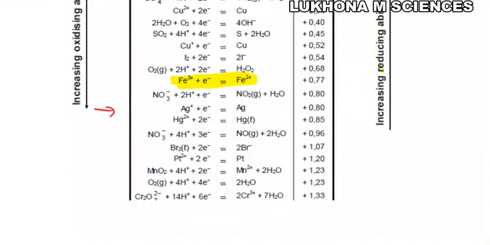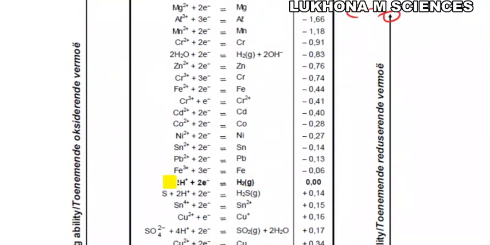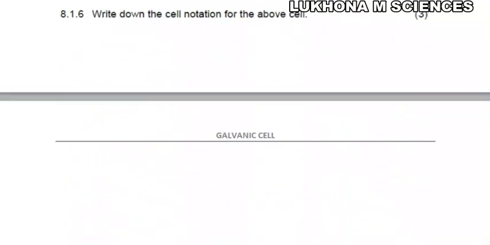Let's highlight. As you can see here, we have Fe3+. Let's highlight hydrogen. This is hydrogen gas. So if you look here, the hydrogen is above the Fe3+, which means let's just copy this to the question. So let's go back to the question.